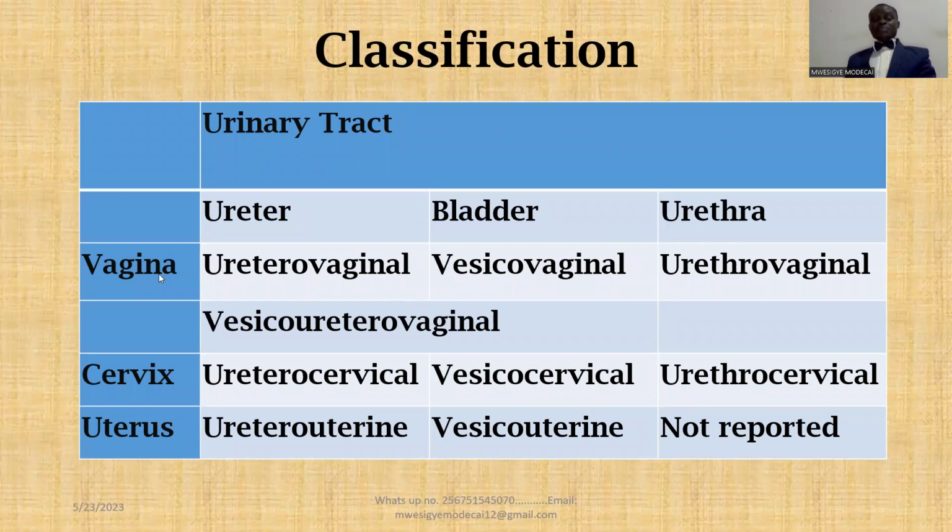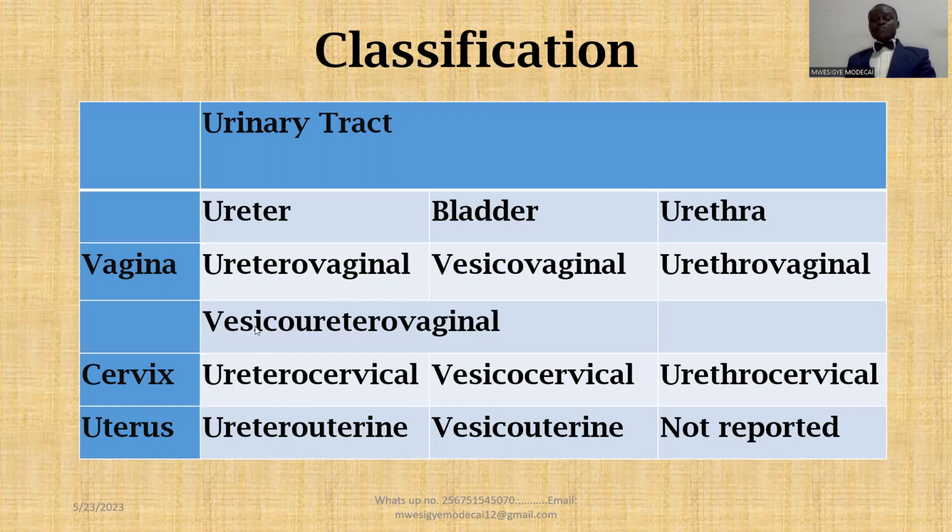The one between the vagina and bladder, we call vesicovaginal fistula, and this is the commonest. The fistula between the vagina and the urethra, we call urethrovaginal fistula.